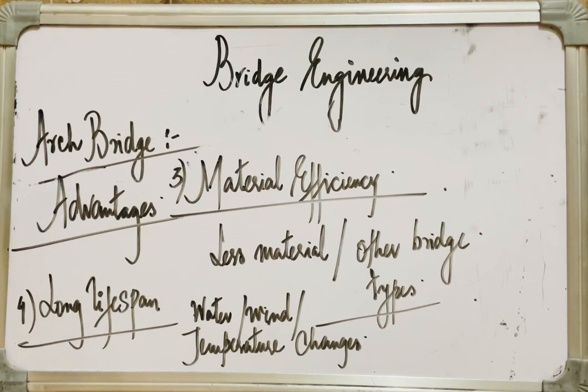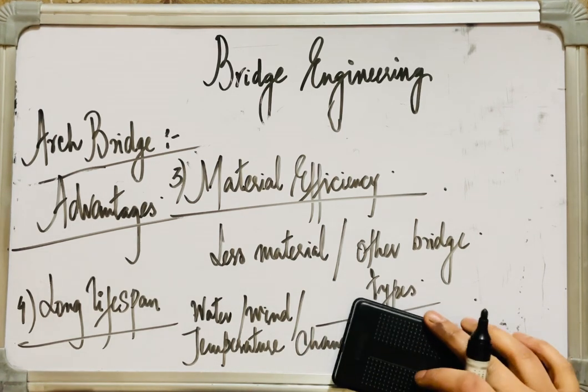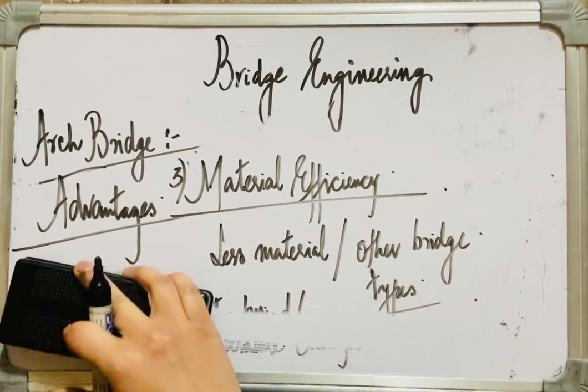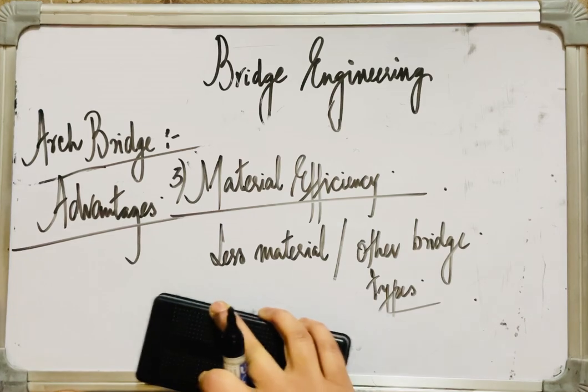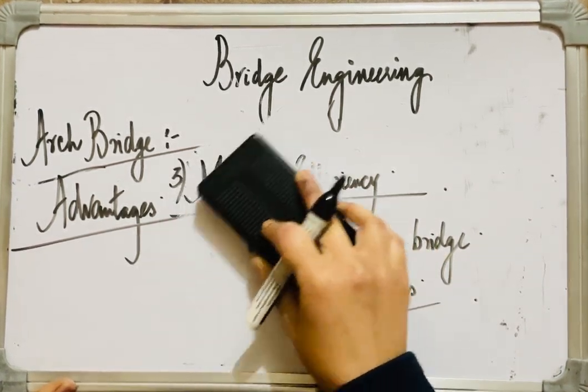All right, so these arch bridges have a long lifespan due to their stability and ability to withstand harsh environmental factors of water, wind, or even temperature changes. They can withstand all the effects of the environment. Thus, they have a longer lifespan.